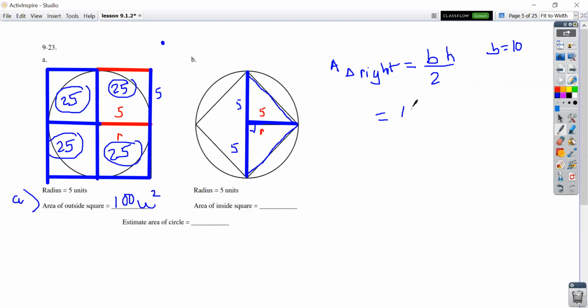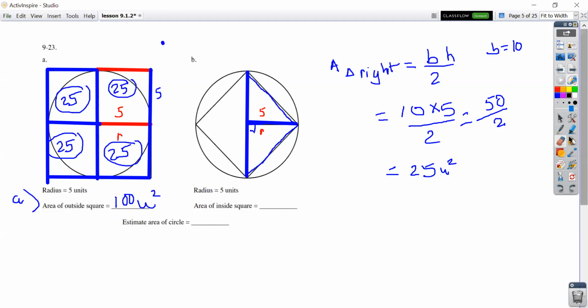So I'm going to take 10 times 5 divided by 2. 10 times 5 gets 50. 50 divided by 2, we have 25 square units. Okay. So if the area of the triangle on the right equals 25 square units, the area of the triangle on the left is the same thing because they are identical triangles.